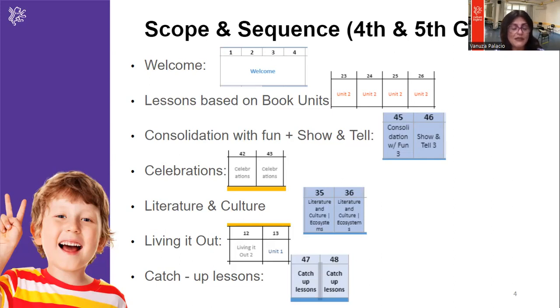A possible living it out lesson could be providing learners with the opportunity to explore topics like how to be safe while using the internet. You will see that there are also catch-up lessons, which provide teachers with time they might need to catch up in case they are behind schedule.